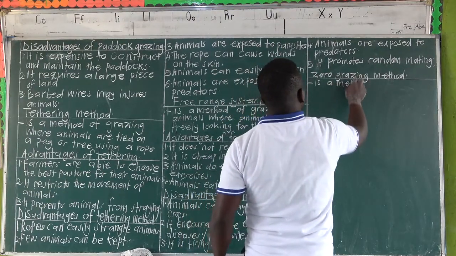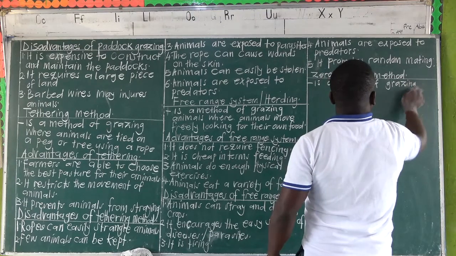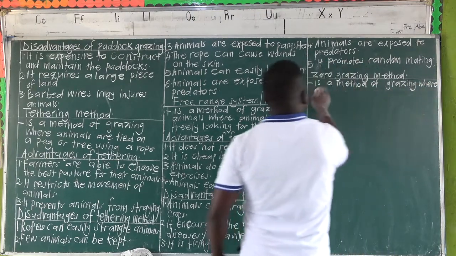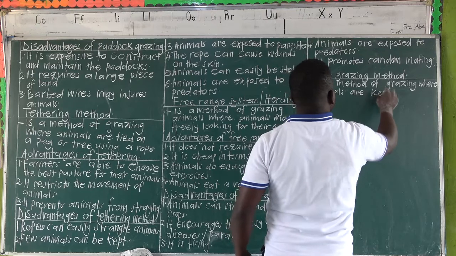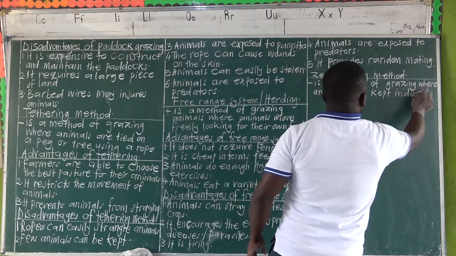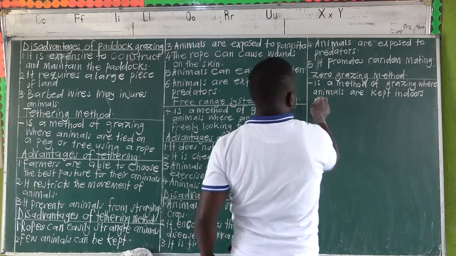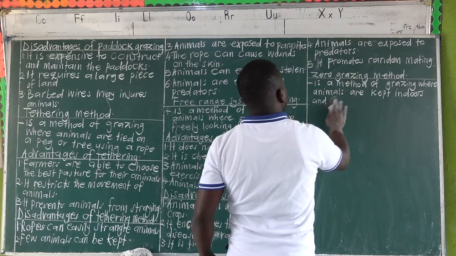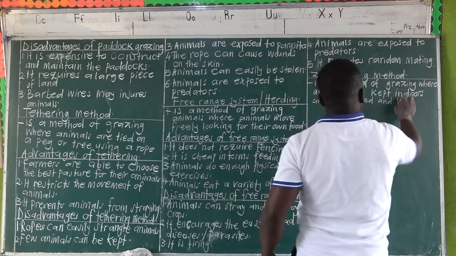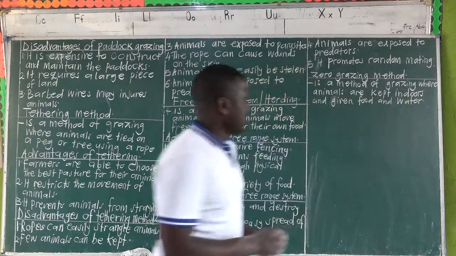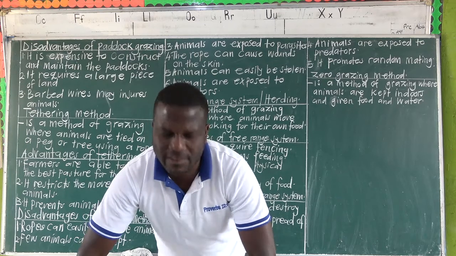The method of grazing animals where animals are given food and water from inside the house.